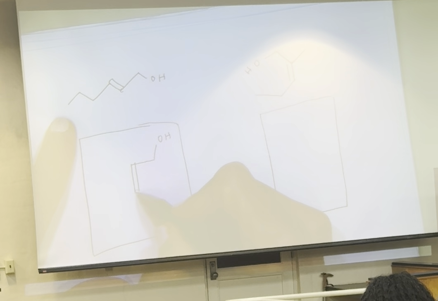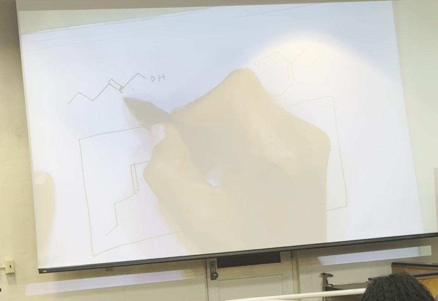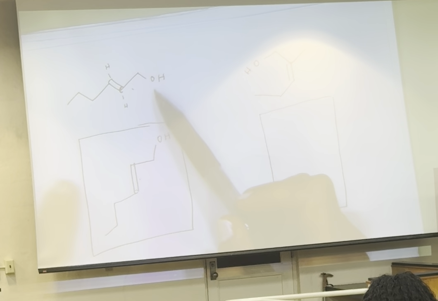On this side, we have 1, 2, 3, 1, 2, 3. Now we've drawn this molecule in this box. Notice that this vinylic carbon right here has a hydrogen, and that one has a hydrogen there. So once we've drawn the OH group in this corner, there's a hydrogen right next to it on the same vinylic carbon.